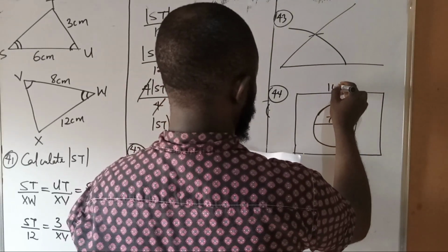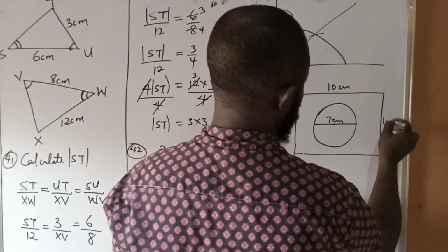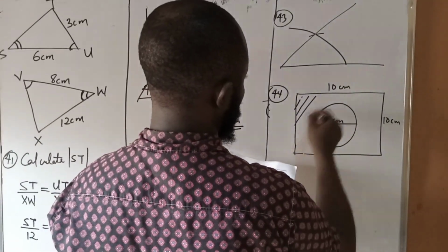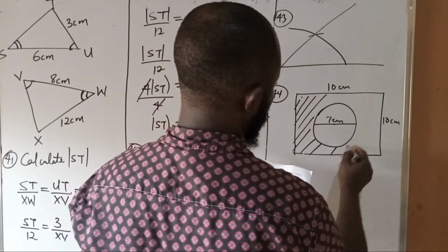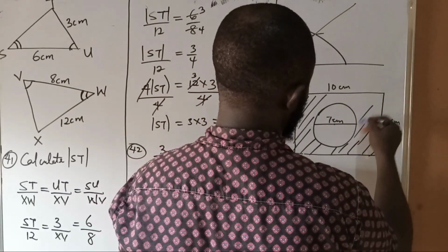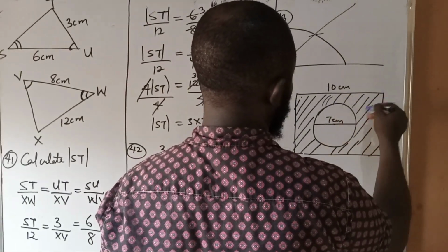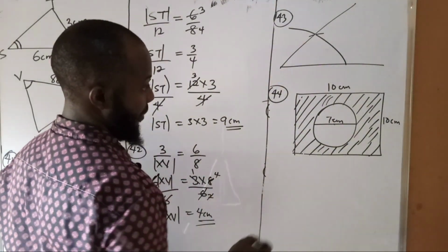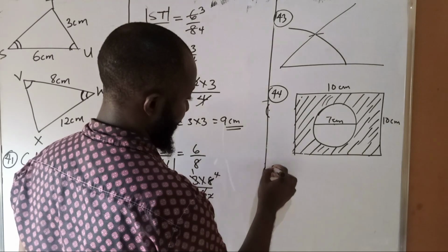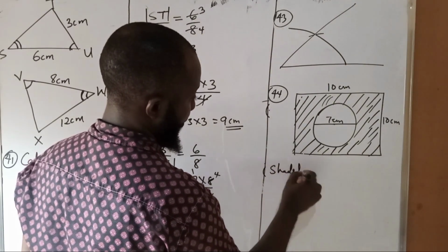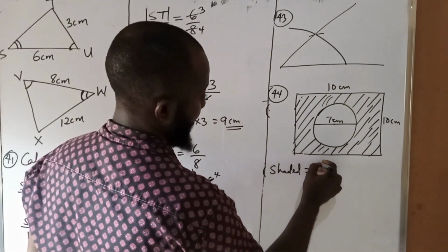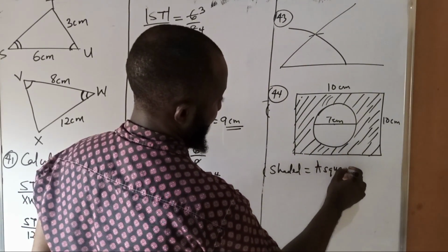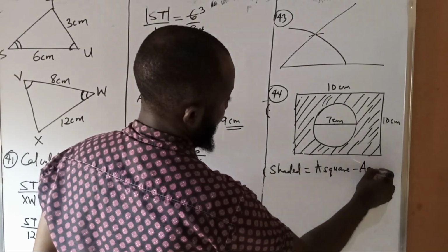This is 10 centimeters, 10 centimeters, so this is a square. We want to calculate the area of the shaded portion here. So what that means is that we find the area of the square minus the area of the circle. So the shaded portion will then be area of square minus area of what?